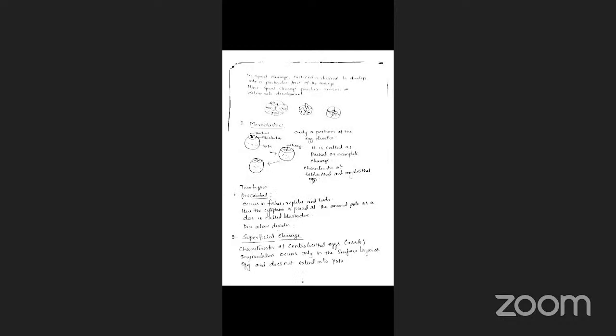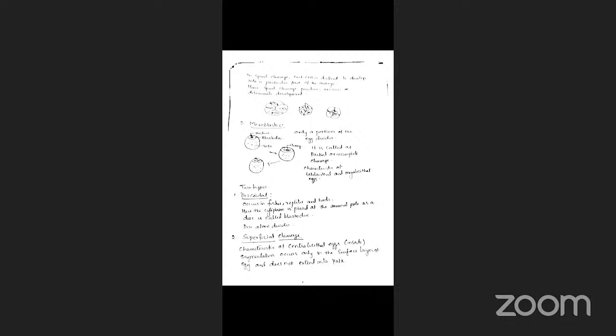As a result, it leads to a cleavage which is completely spiral. And then in the successive cleavages, the micromeres continue to divide equally, and the macromeres continue to divide unequally. As a result, all the cells are displaced and occupy different positions. And that is how we get the appearance of different cells.